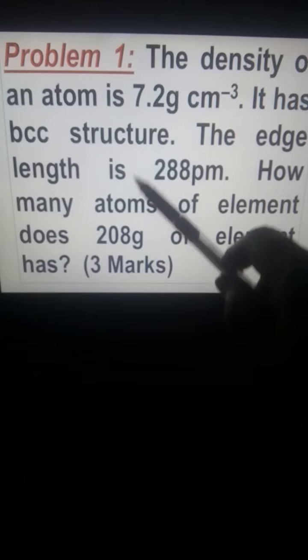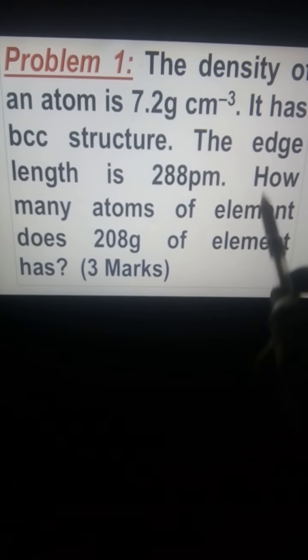So the total number of atoms of that element will be 2 into the number of unit cells present in this gram. This way we can find out the number of atoms present in this much gram of element.